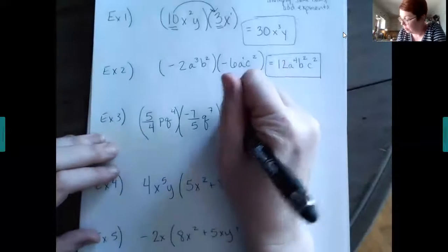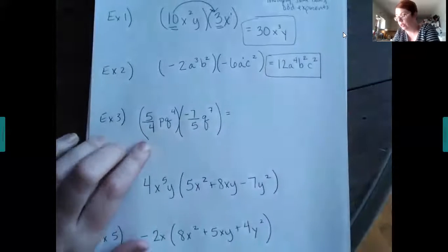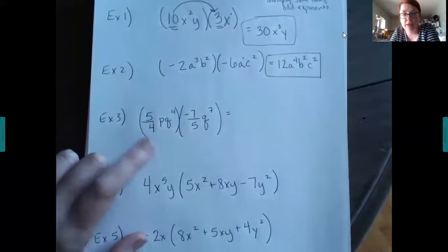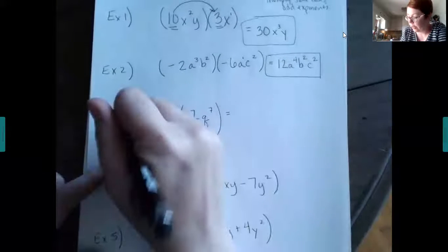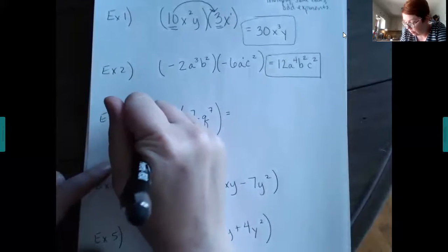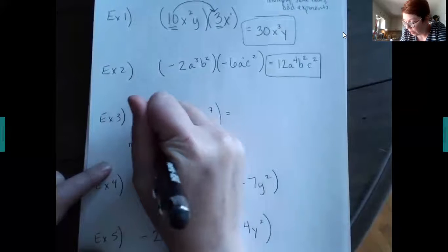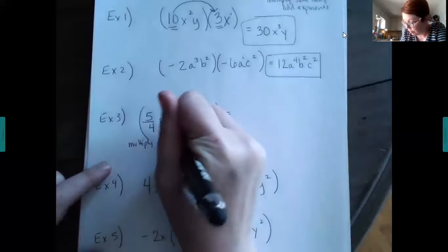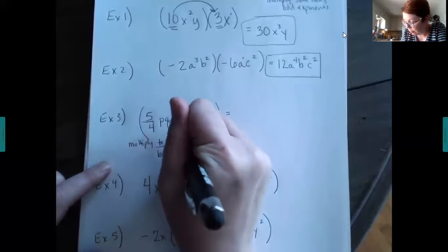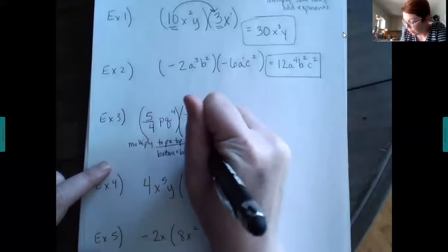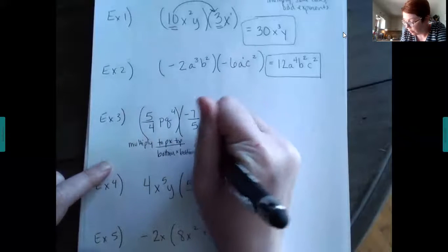And again, for the rest of your life, hopefully you don't forget how to multiply fractions. So if you get a fraction question, just do what you already know to do. You multiply top times top, bottom times bottom, and then reduce if possible.